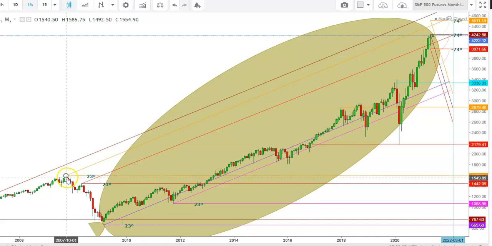During this crash of 2008, S&P 500 futures tested a low at the levels of 683 in February 2009, and since then the S&P 500 futures maintained an uptrend.